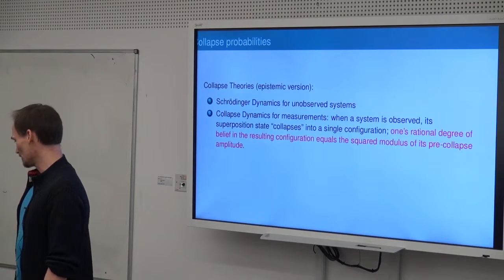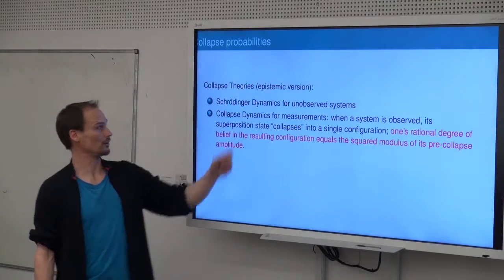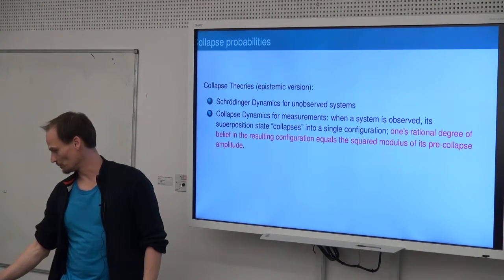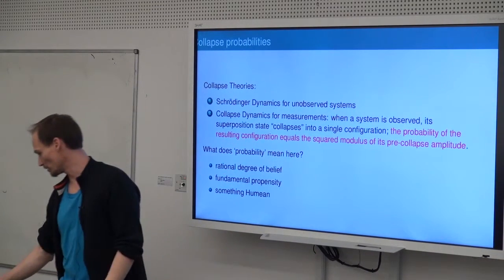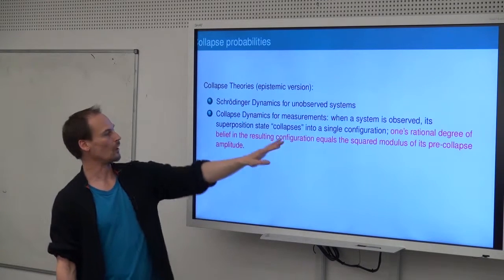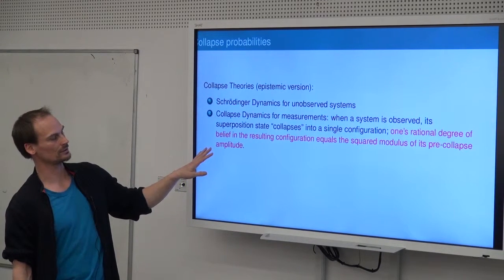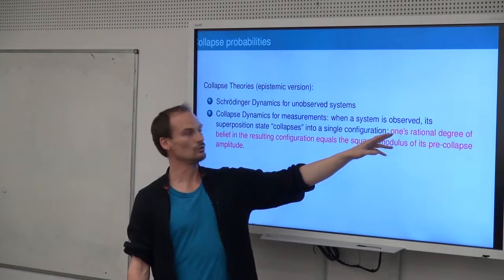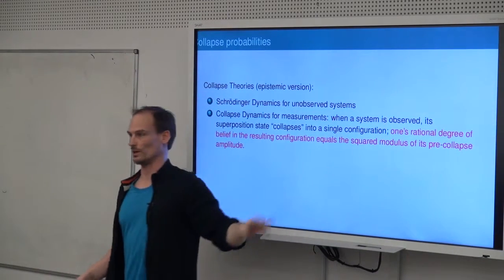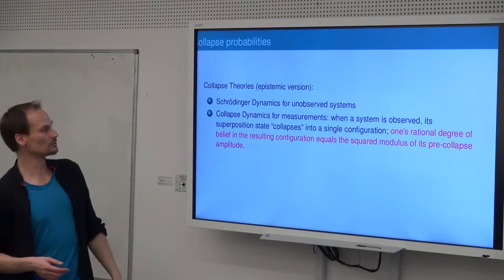All right, so epistemic version of our collapse theory. Remember, previously we had the Born Rule saying the probability, and so on. And now I've replaced the probability with one's rational degree of belief. An obvious question if you talk about rational degrees of belief is who is the relevant agent? Whose rational degree of belief? Presumably not everyone's.